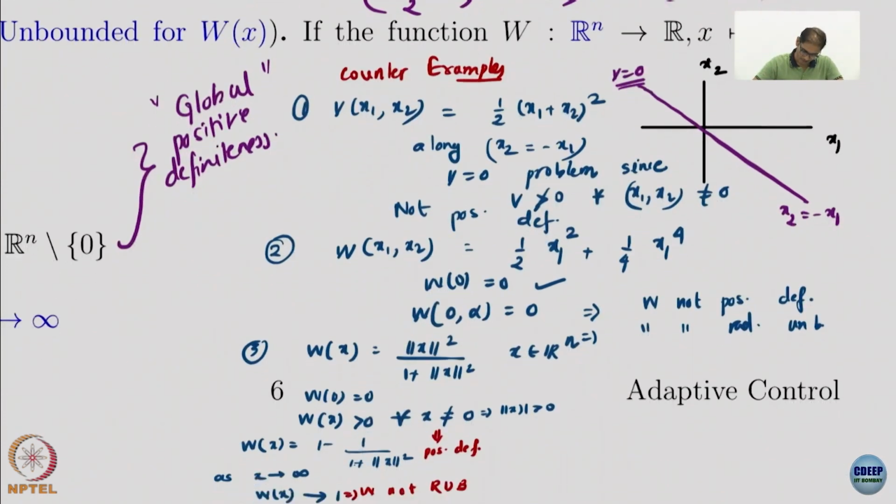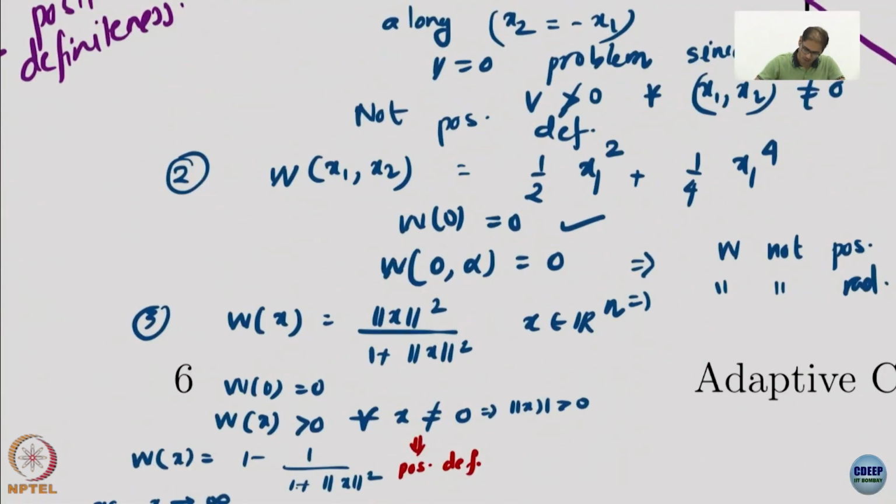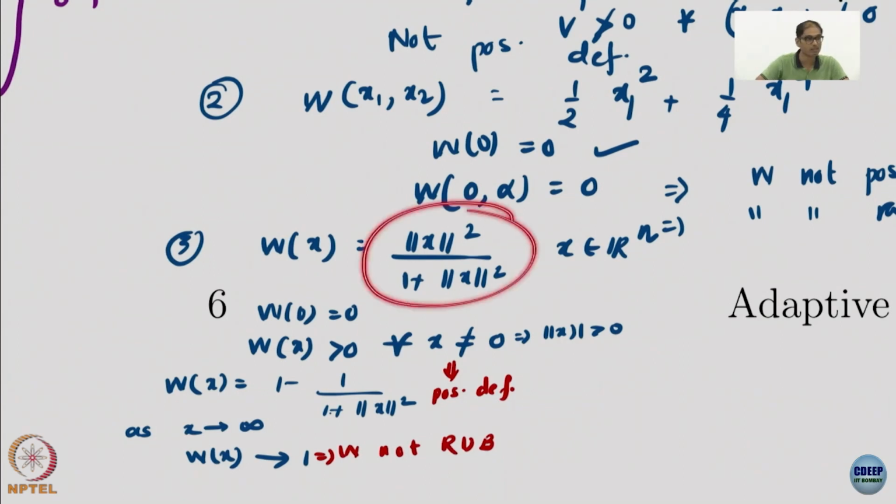Alright, next. This we have already done, right? This function is positive definite because it is strictly positive for non-zero values of the norm of x. But this is not radially unbounded, and that should be very evident. Why? It maxes out at 1.